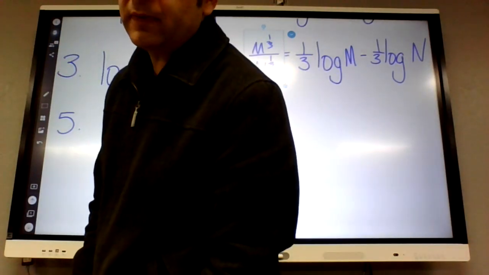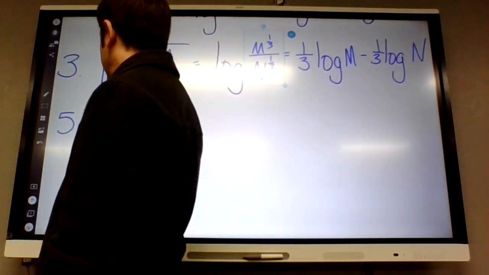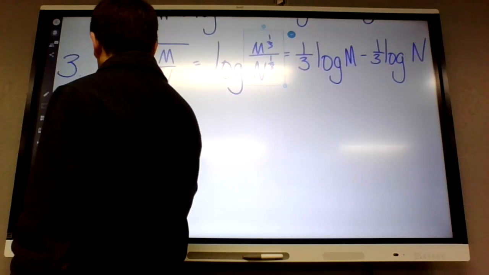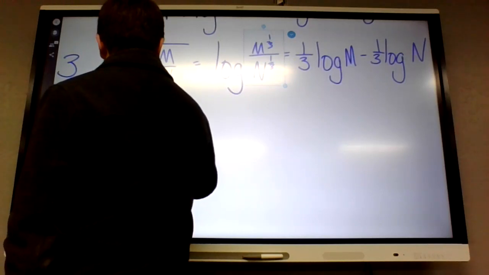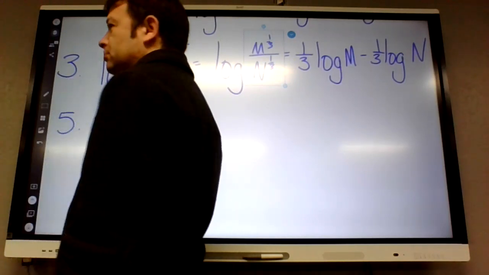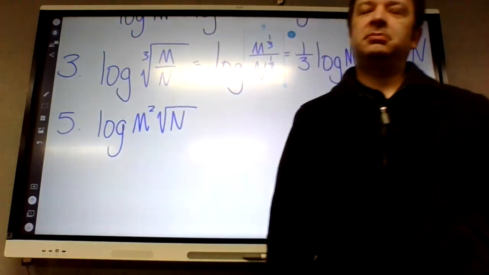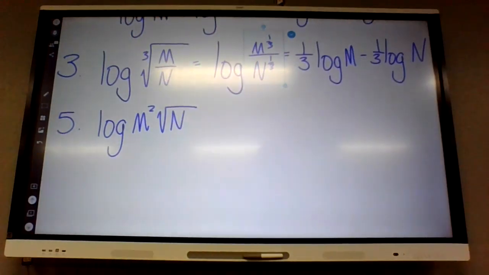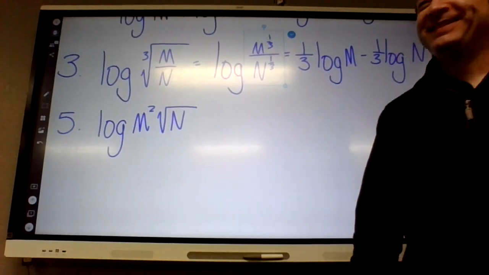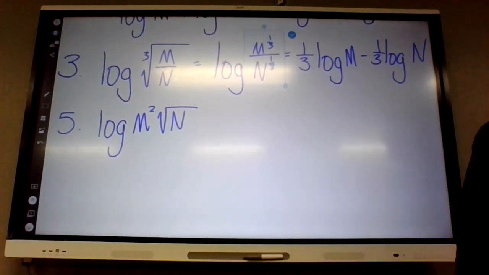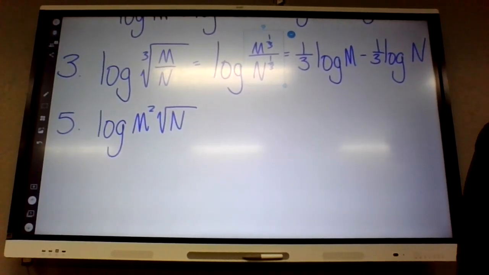Number 5, log m squared square root of n. I think Ava would appreciate this. It's too late, she pulled it out. That wasn't me, that was you two.